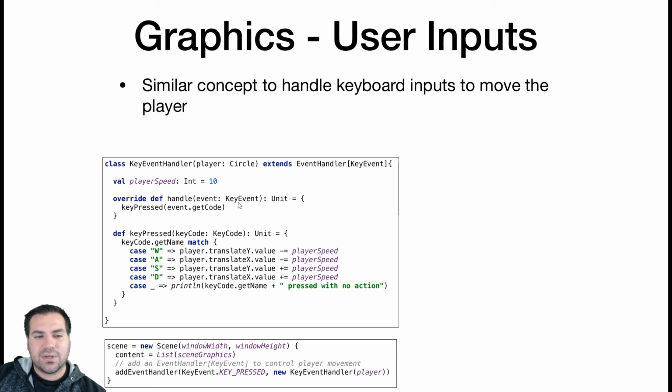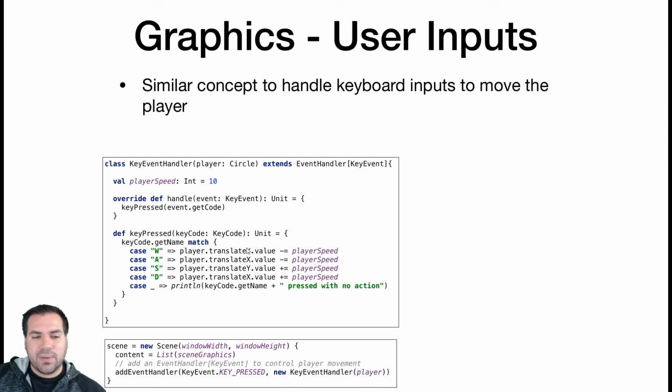And handle is going to take a key event, which has a code that tells you which key was pressed. I'm going to send that code over, again, separating my logic from my GUI stuff. I'm going to send that to this key pressed method, give it the key code, get the name of the key code, and depending on which key was actually pressed, I'm going to behave differently.